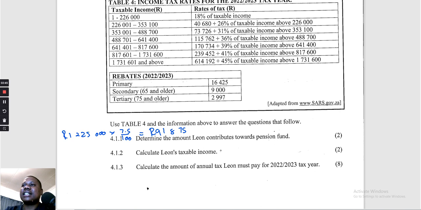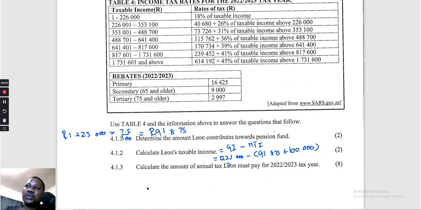We need to calculate the taxable income. So okay, how do we calculate the taxable income? Taxable income is equal to gross income minus non-taxable income. And then how much is our gross income? Our gross income is 1,225,000 minus, I'm going to open a bracket because I saw two non-taxable incomes, which are the pension fund and the donation. So our annual pension fund is 91,875. Then we add our donation of 100,000 because he makes that once.